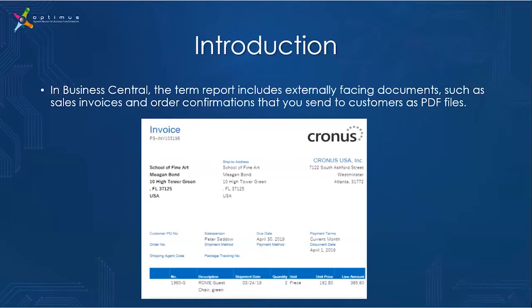So first of all, we have in Business Central these documents, facing documents for the company Kronos. And for us, a report, in this instance, is printed in PDF, but it could as well be Word. So these two formats are the initial ones.